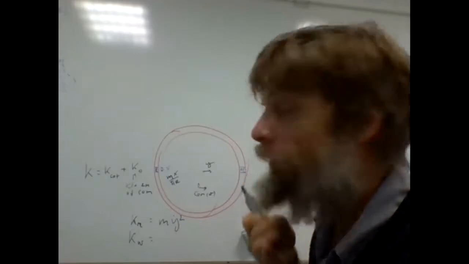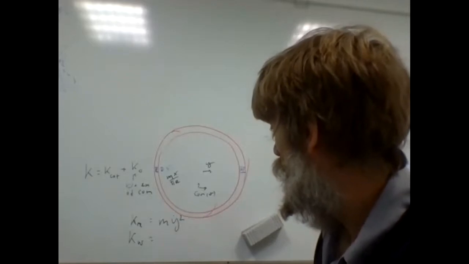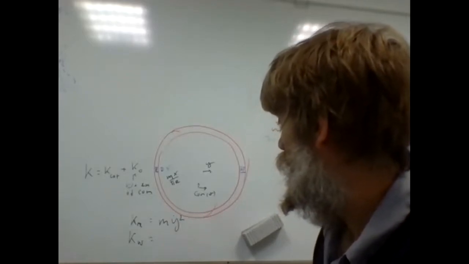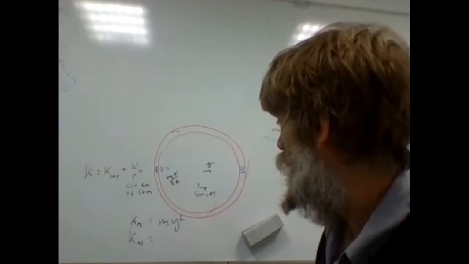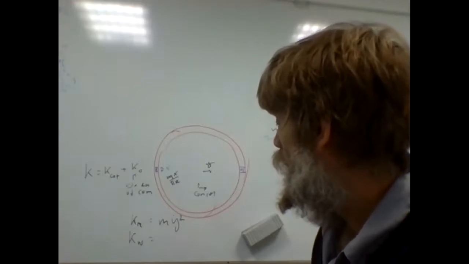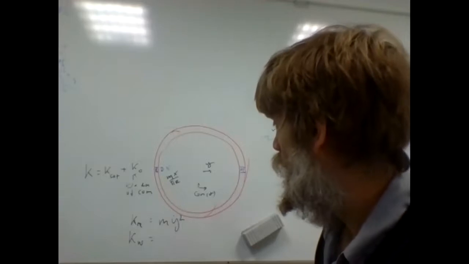I have a question. For the kinetic energy of the water, can we assume that it's going to be translating with the wheel horizontally, and then just say that it's going to have rotational velocity, x dot, basically?